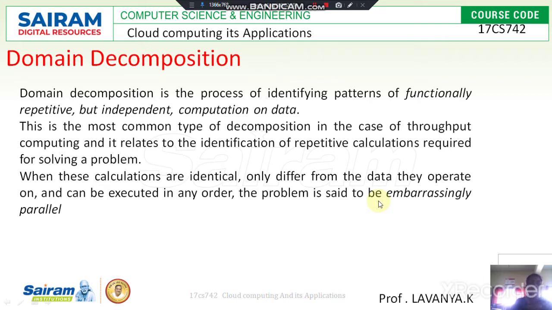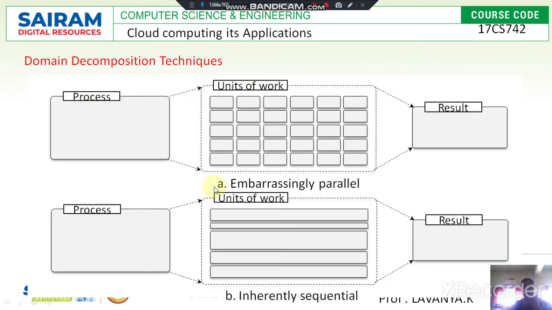In the empirically parallel computing system, look at this diagram. One minute, I'll show the diagram. In this diagram it has unit works, and below them the data is divided.